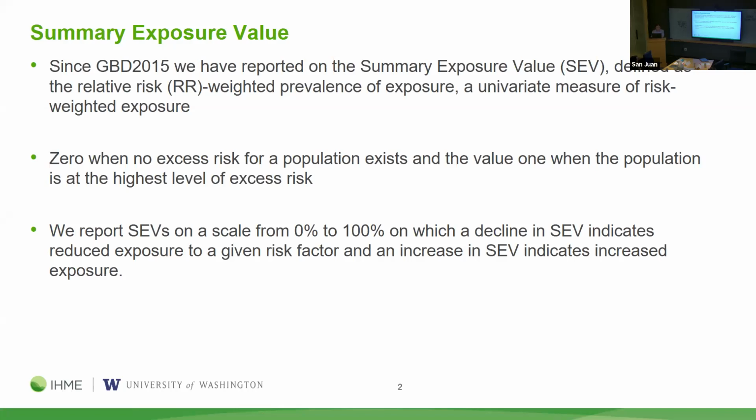The summary exposure value represents the relative-risk-weighted prevalence of exposure, where 0 represents no excess risk for a population for that risk factor, and a value of 1 represents the entire population experiencing the maximum or highest level of risk. So we report SEVs on a scale from 0 to 100%. A decline indicates reduced exposure, and an increase in the SEV indicates increased exposure.